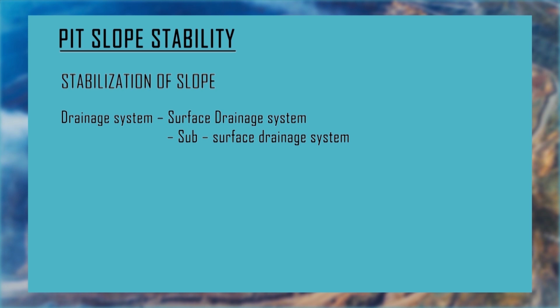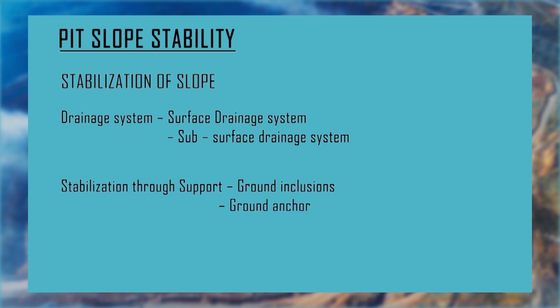Then stabilizing through support: ground inclusions, ground anchor, soil nails, rock bolt. The stabilization through support means the support of the mines can be done by anchoring supports or wire net or by using rock bolt.